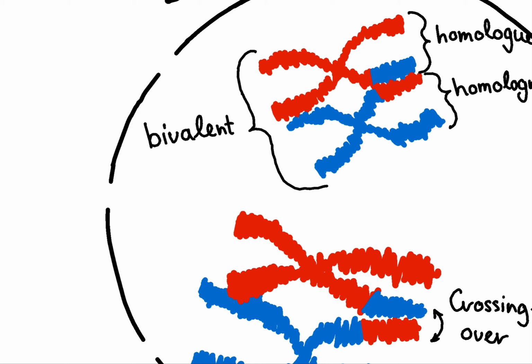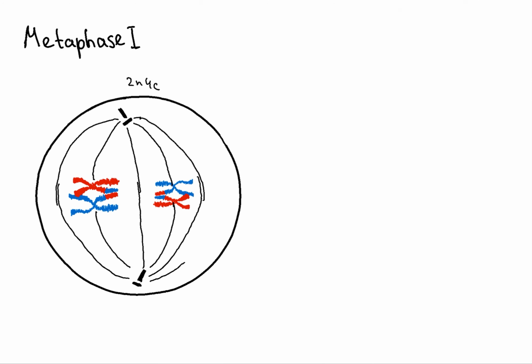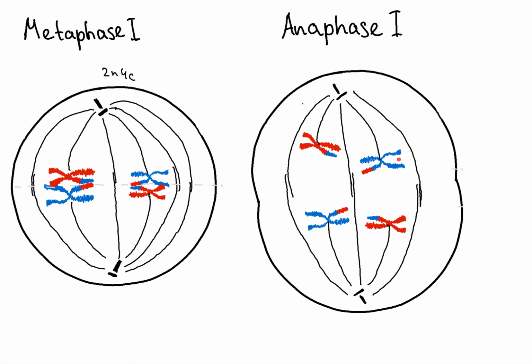Crossing over occurs for a reason. It allows the formation of new, unique, and remixed chromosomes, which leads to genetic variability. After prophase, similar to mitosis, the spindle begins to attach to bivalents and lines them up at the metaphase plate. In anaphase 1, the homologous chromosomes are pulled apart and move to opposite ends of the cell.